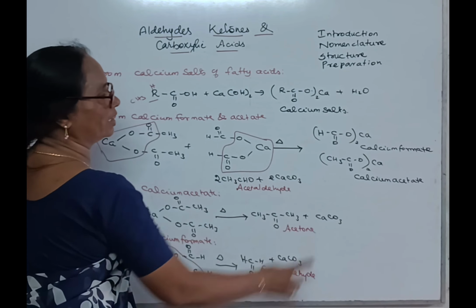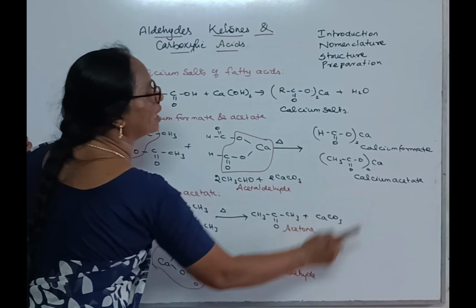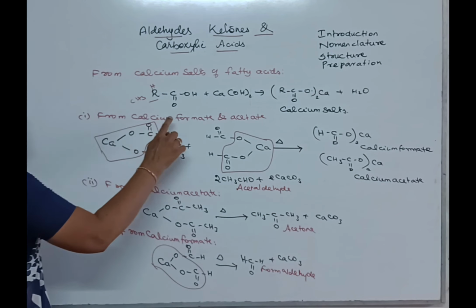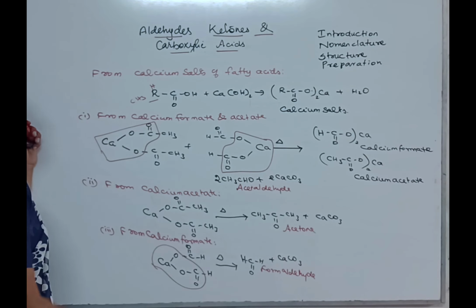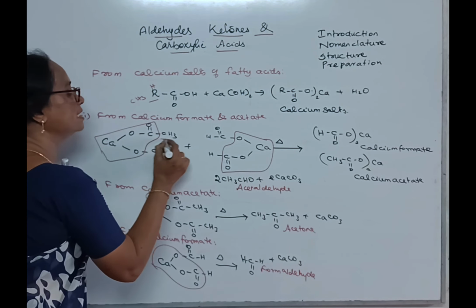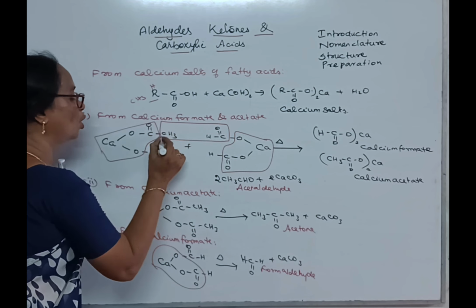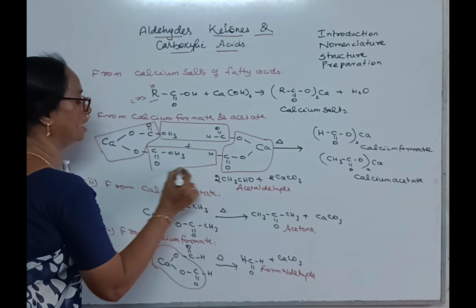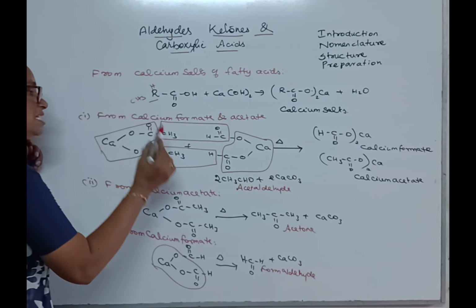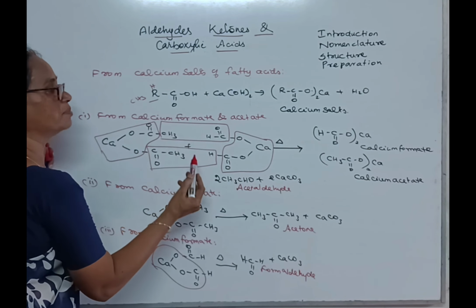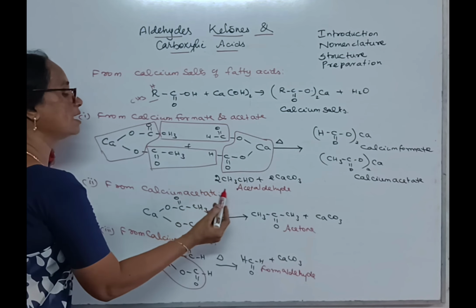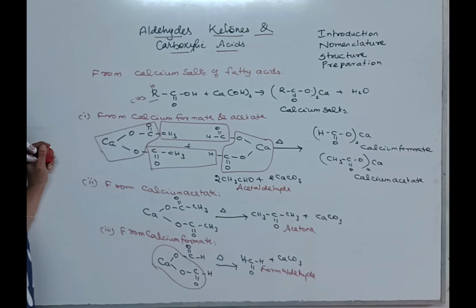Acetaldehyde requires both calcium formate and calcium acetate. When both of the salts are distilled at high temperature, calcium carbonate is eliminated and you may find CH3CHO. So when calcium acetate and formate, the two different calcium salts, are heated, we are getting acetaldehyde and calcium carbonate.